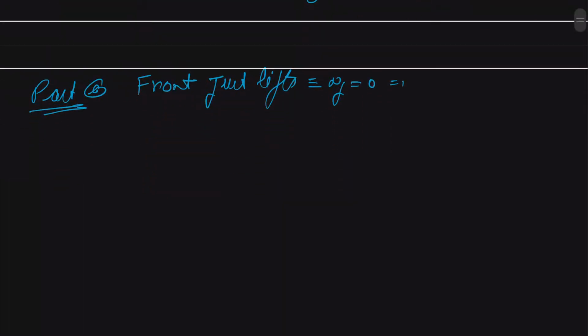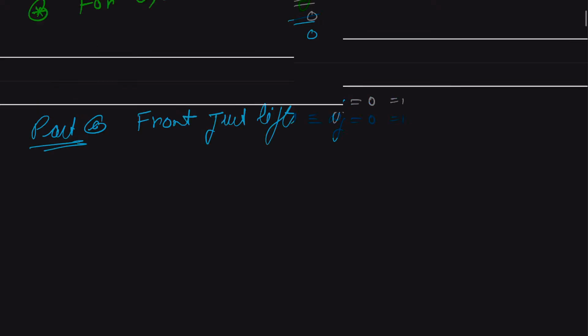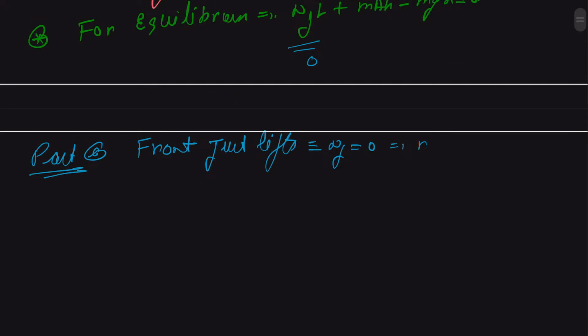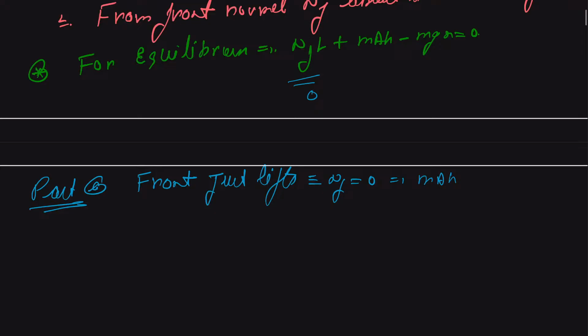Therefore, we can say that our NF will be equal to 0, which gives us that the summation of MAH minus MGX is equal to 0.